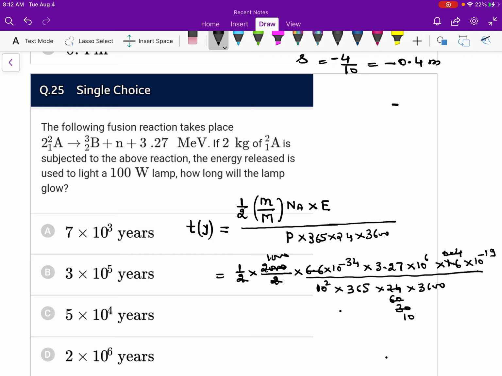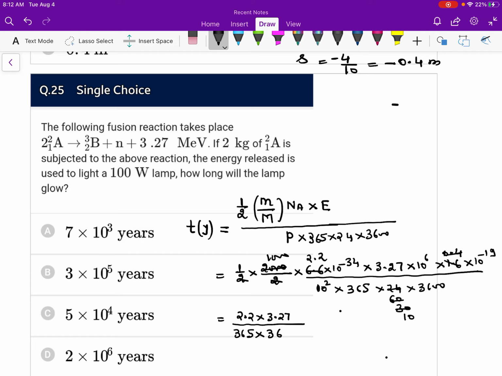This is 3 tens are 30, and this is 2.2. Okay, so this is 2.2 into 3.27 upon 365 into 36.